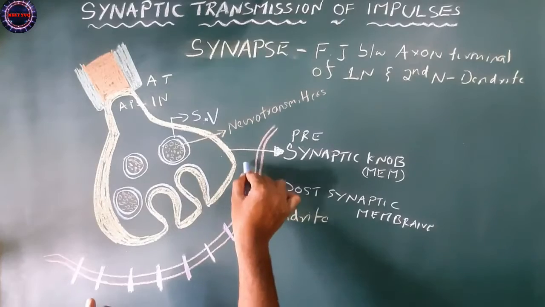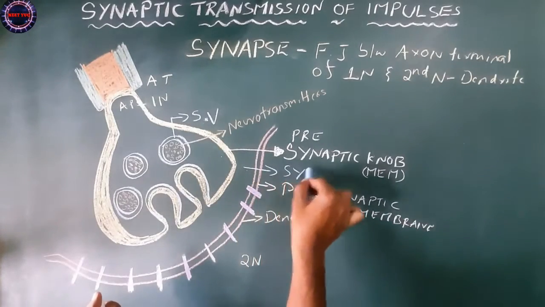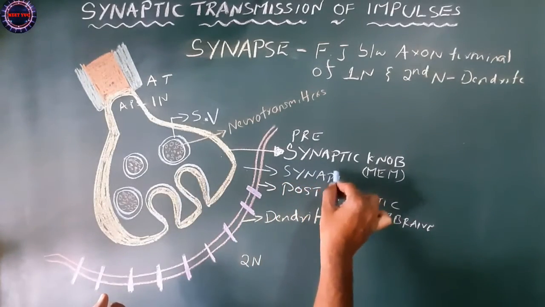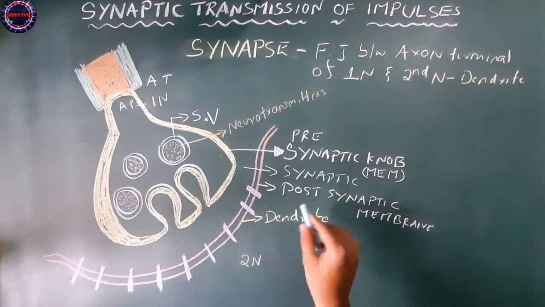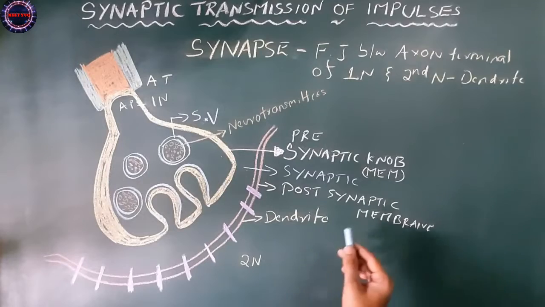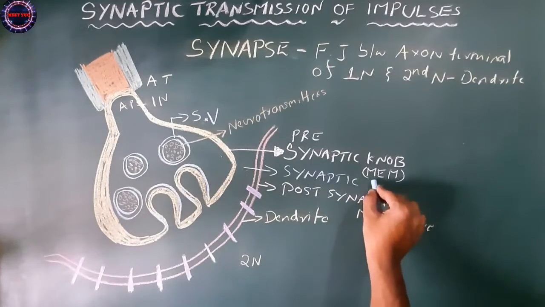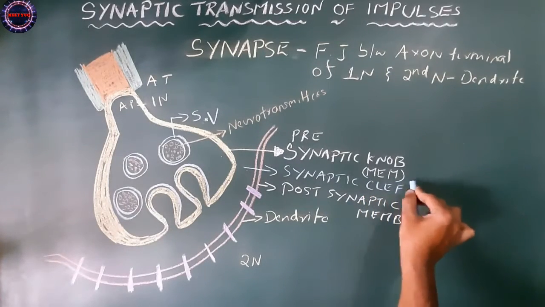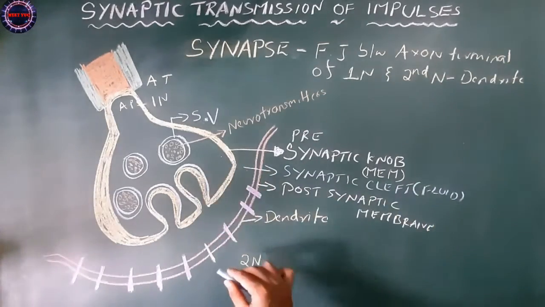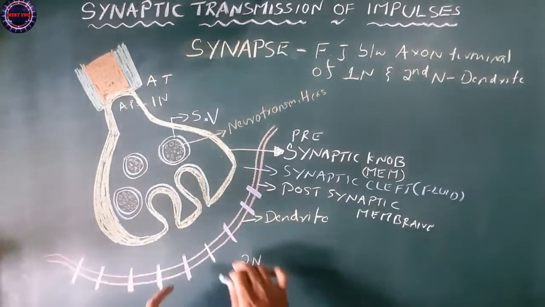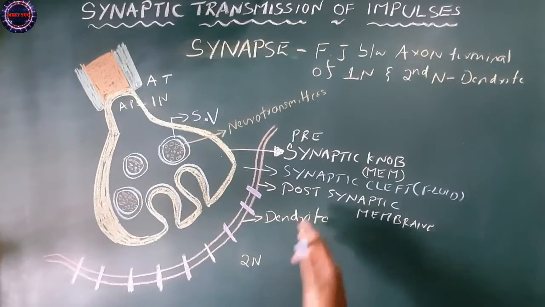This portion is called the synaptic cleft. The synaptic cleft separates the presynaptic knob of one neuron from the postsynaptic membrane of another neuron. It is a fluid where your neurotransmitters swim within the synaptic cleft and reach the dendrite.